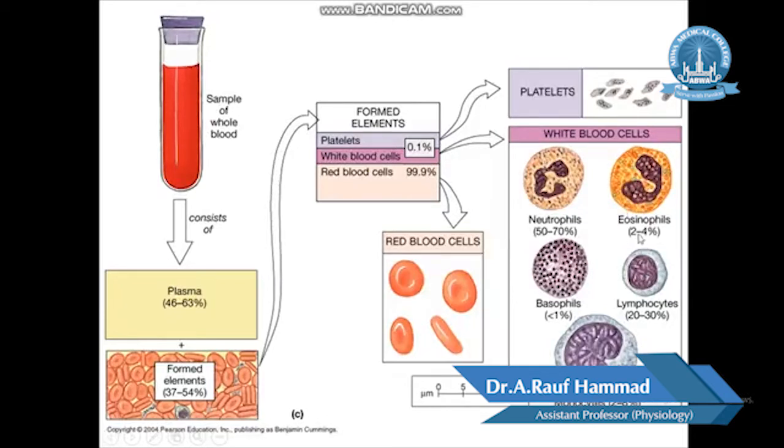These are the nuclei. Around it outside is a thin layer of cytoplasm which is clear, having no granules, so it is an agranulocyte. Monocyte, the shape of the nucleus is like a kidney or horseshoe.